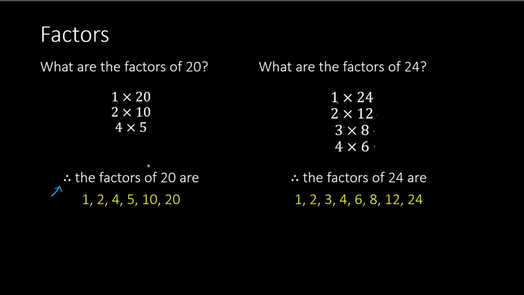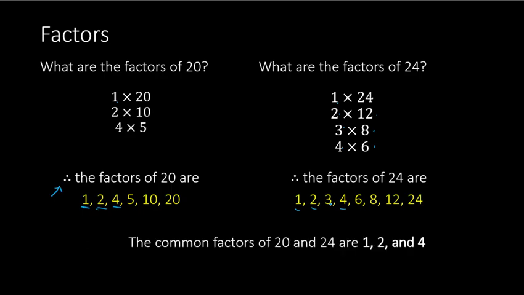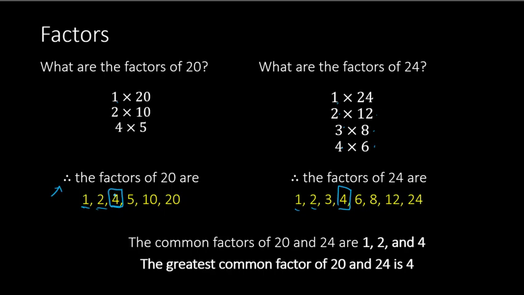And notice here they have common factors. They both have 1 in common, they both have 2 in common, and they both have 4 in common. So those are common factors of 20 and 24. And the greatest common factor, the greatest one or the biggest number in common, is the number 4.